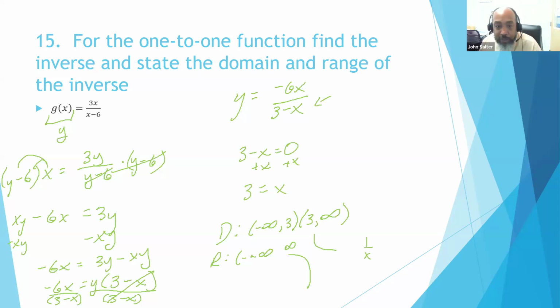And in this case, my asymptote is whatever I get when I take these numbers over each other. 6 over 3 is 2. So my range is negative infinity to 2, and then again from 2 to positive infinity. I think we have another one in here where we're going to look a little further into asymptotes, so I'm going to wait for that one.